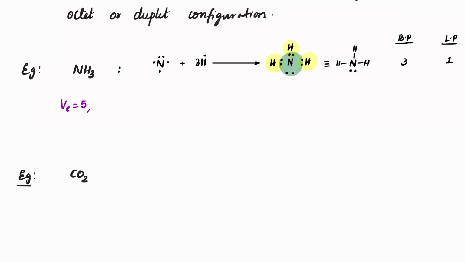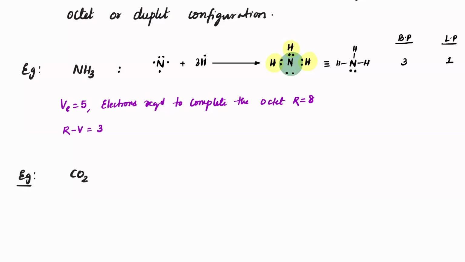And the number of electrons required to complete the octet, which you call factor R, is 8. V is 5, R is 8. Now I can say R minus V. How many do we have? 3.